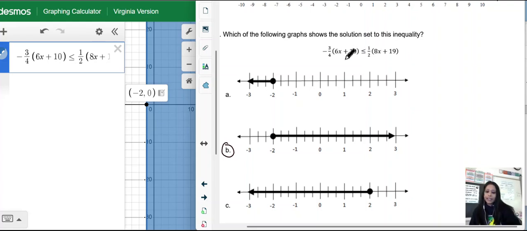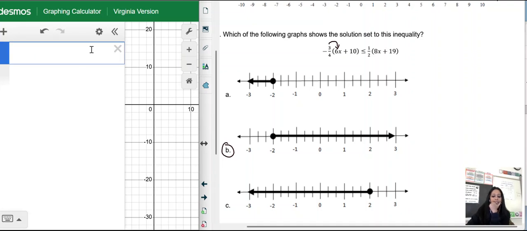by hand. Okay, so I see parentheses on the left side, so I'll go ahead and distribute. So for this one, I'm just going to put that in decimal. So -3/4 times 6 is going to be, I'll turn that back into a fraction, -9/2.